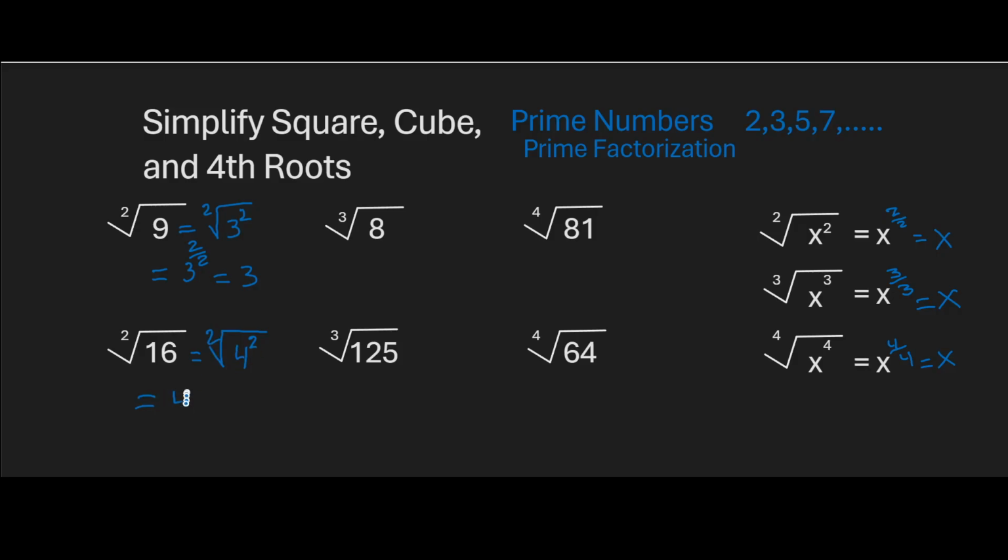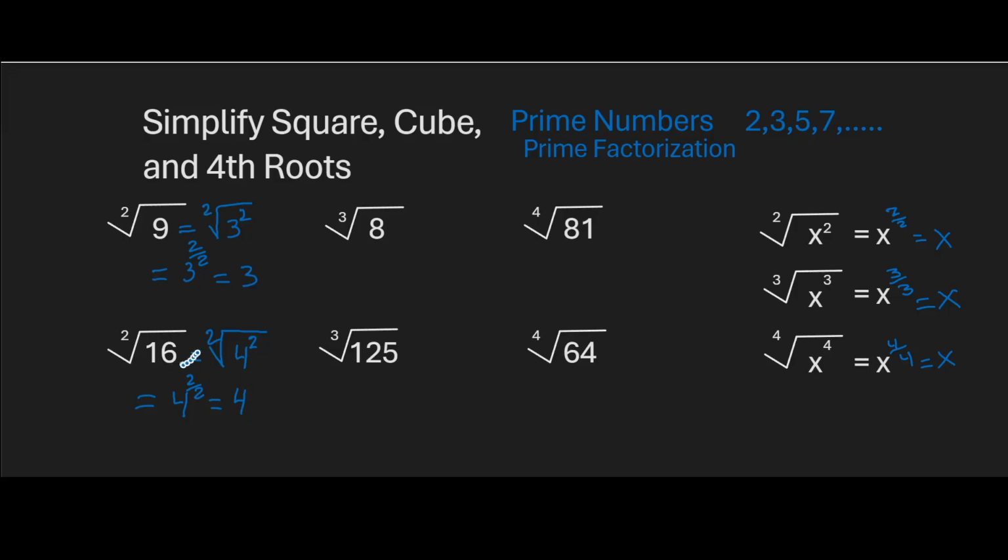So we're gonna write it this way: 2 divided by 2. 2 divided by 2, the answer is gonna be 1. Because the exponent is gonna be 1, we're never gonna write it. Now we're gonna say the square root of 16, the answer is 4. The reason is the square root is gonna cancel the square. And the way it's gonna be canceled is because this number 2 is gonna divide the exponent. 2 divided by 2, the answer is 1.